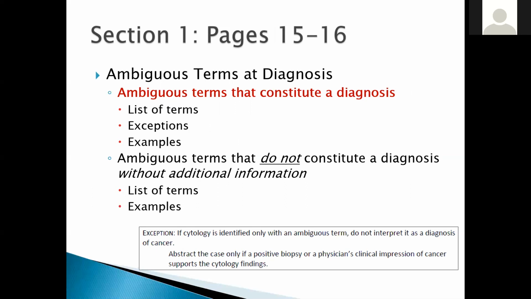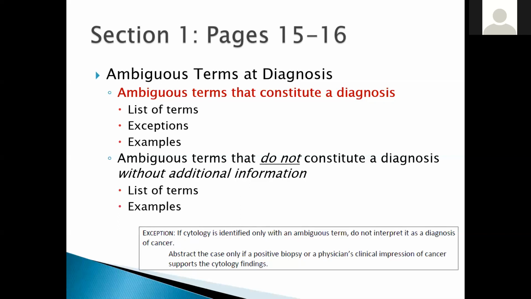At the top of page 15, the ambiguous terms that constitute a diagnosis are listed. Make sure you notice that the word neoplasm is used for the diagnosis for sites listed only. And those sites listed are the CNS and the intracranial tumors. So the word neoplasm is only associated with the CNS and intracranial sites.